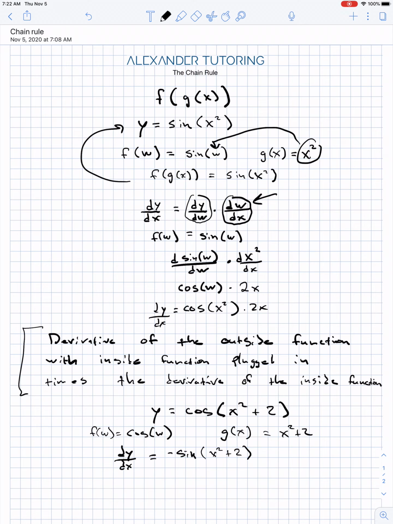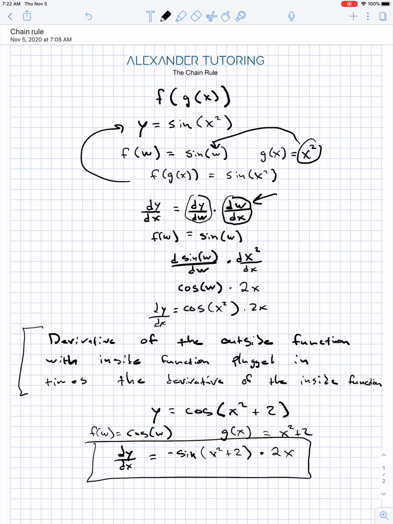Okay, so we just did the first two lines here, derivative of the outside function with the inside function plugged in. Okay, that's this part here, times the derivative of the inside function. Now the inside function is x squared plus 2, so that's a simple derivative. It's once again 2x. And that is how we do the chain rule.